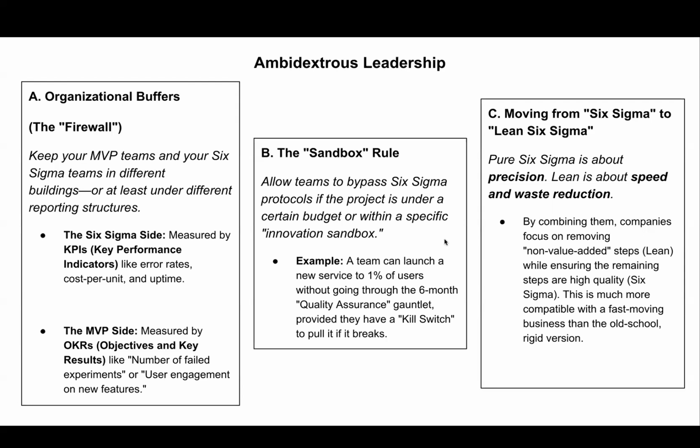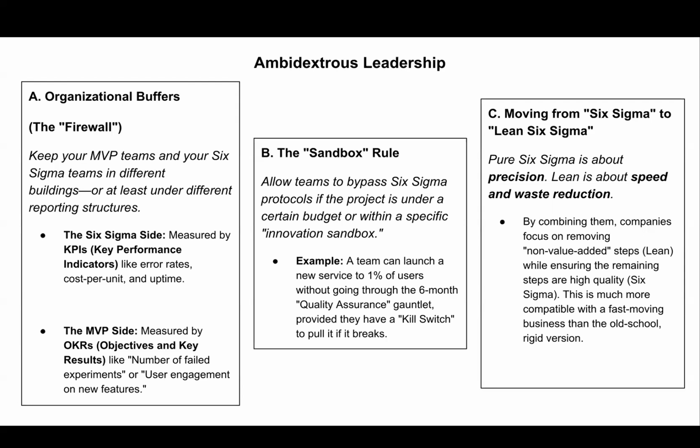And so what you would do here is set up a sandbox, and you hear this a lot of times when you listen to tech developers talk about this. They talk about, well, we have a sandbox here for that. That's really common terminology. And this is what allows teams to bypass Six Sigma if the project is within certain parameters set up, right?